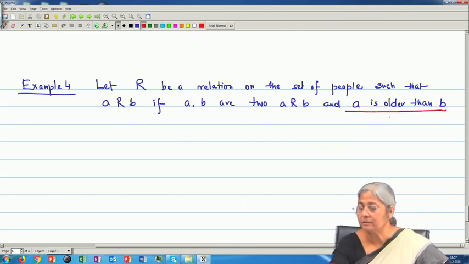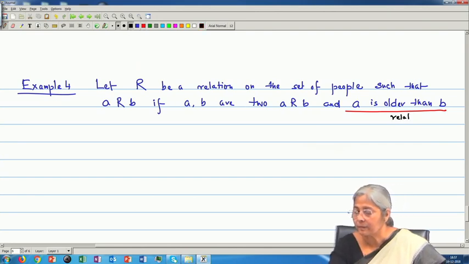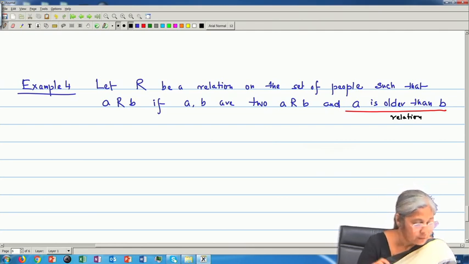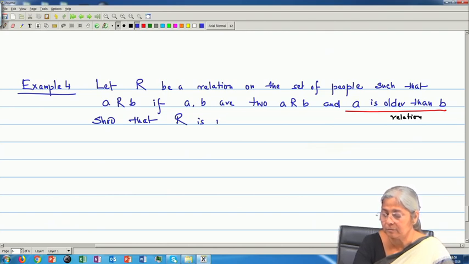We have to show that R is not a poset, R is not a partial ordering.